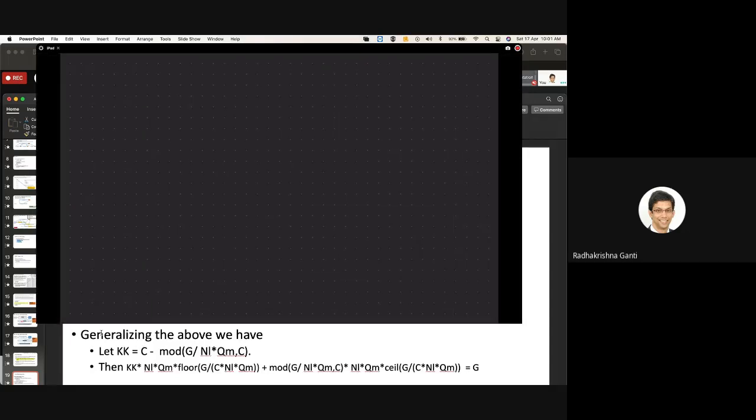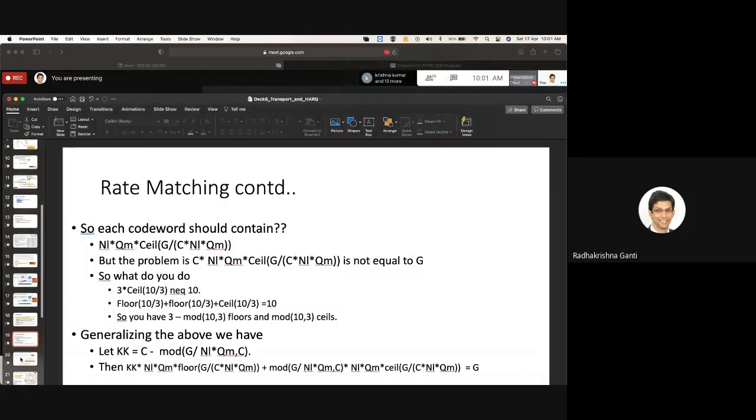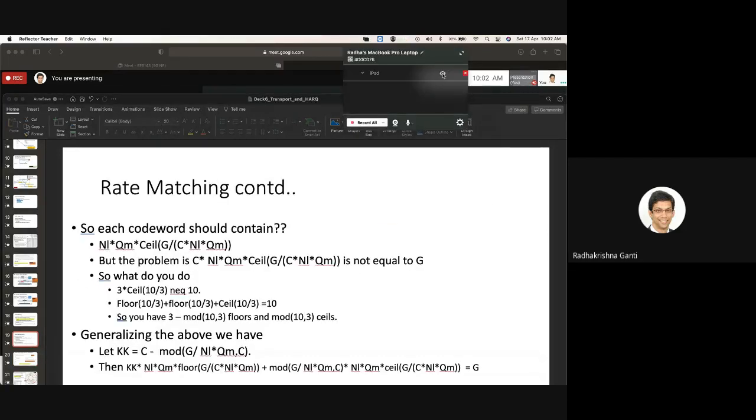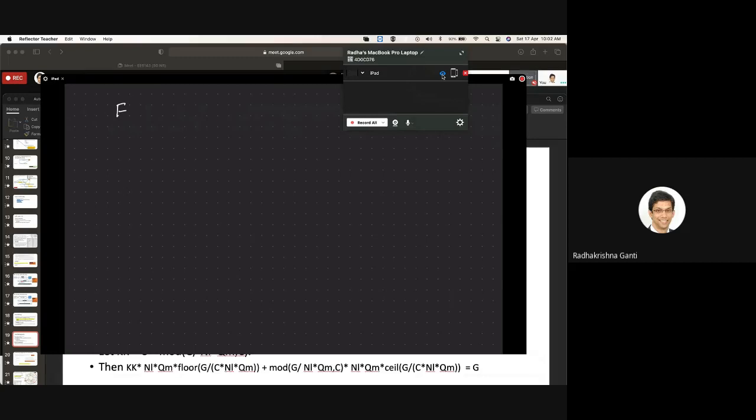Let's call the code block lengths, what do they call? Let me just see, one minute. So E_r, where r is equal to 0, 1, 2, up to C minus 1, is the effective code block length.